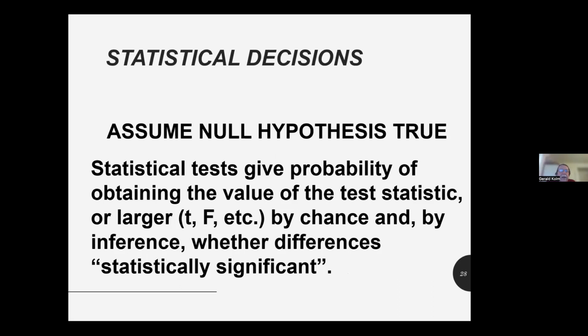Our statistical tests then give us the probability of attaining the value of the test statistic, whether it comes from a t distribution or a normal distribution, by chance, and by inference whether differences are what is called statistically significant.